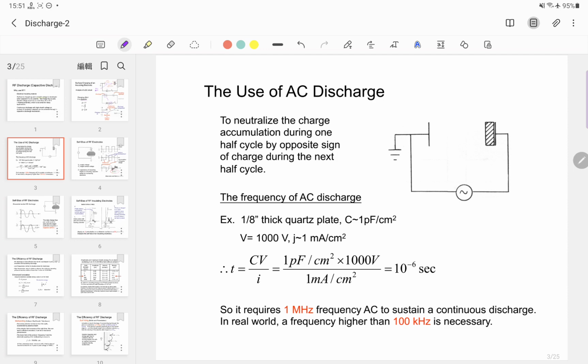we can also control the current flowing through the circuit. So the current density here is 1 milliamp per centimeter square. Okay.